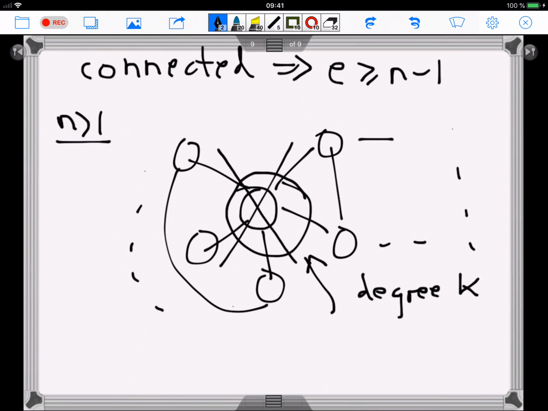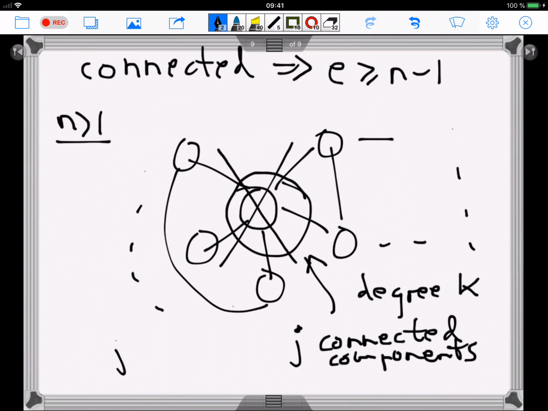So when I remove this vertex with degree k, I'm going to have at most J connected components, and J is at most k, the number of edges that I have removed.